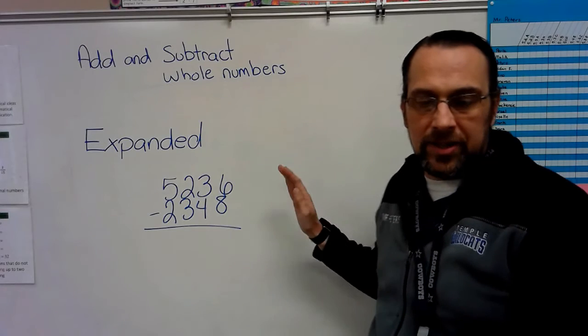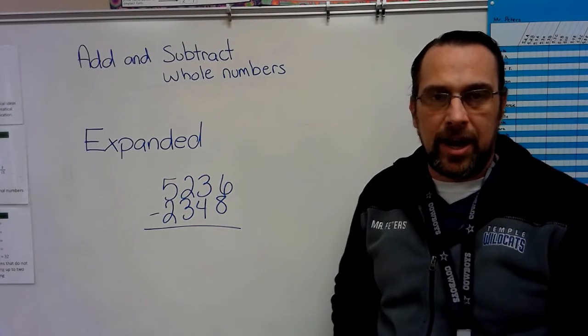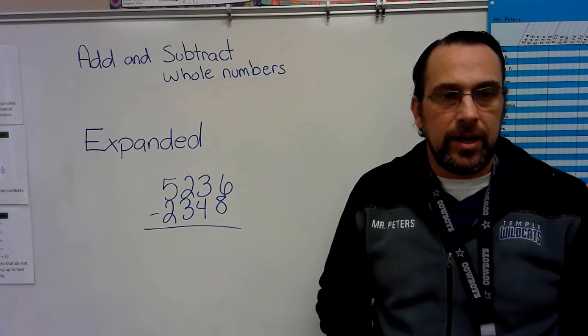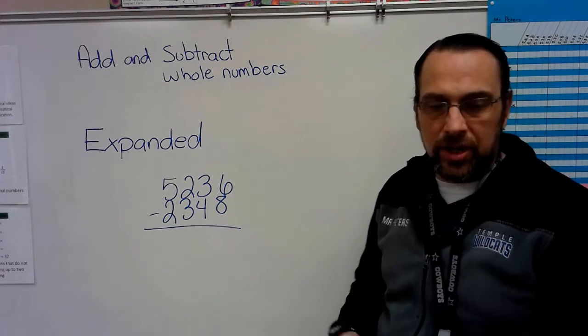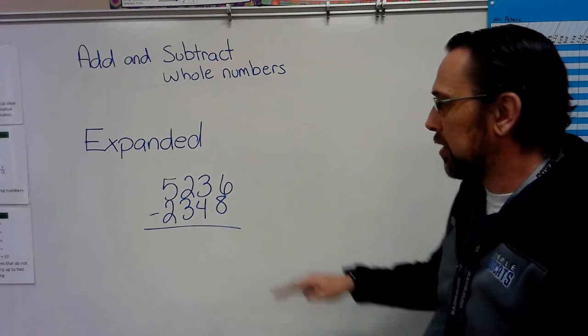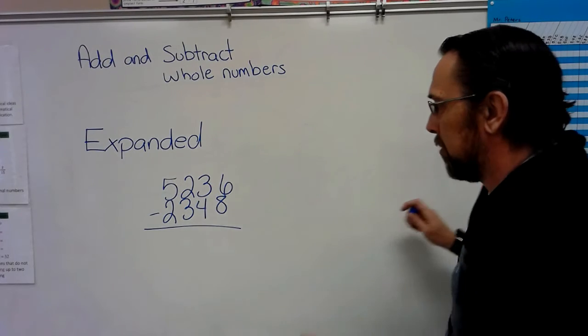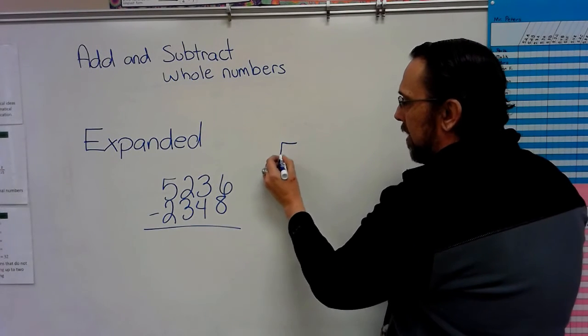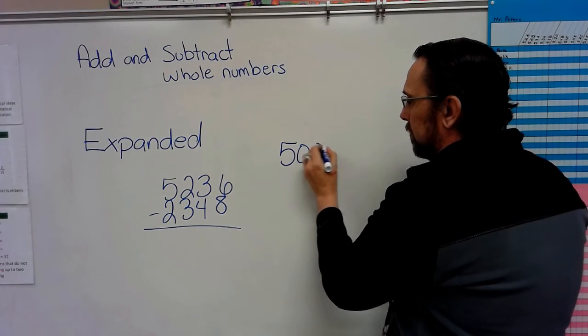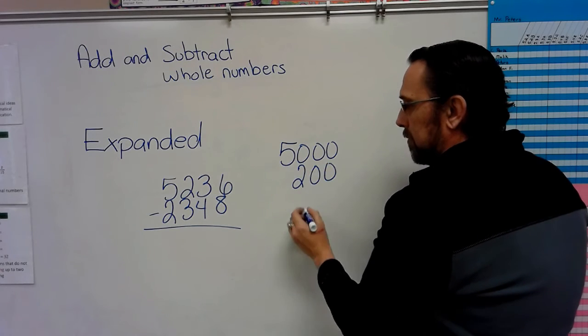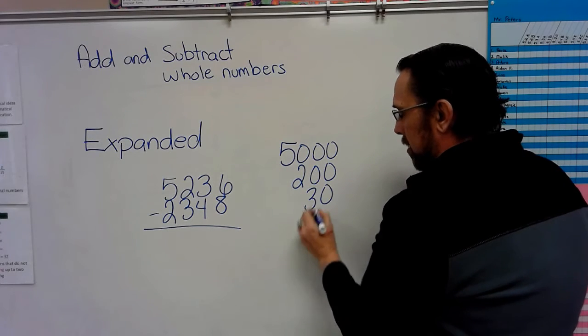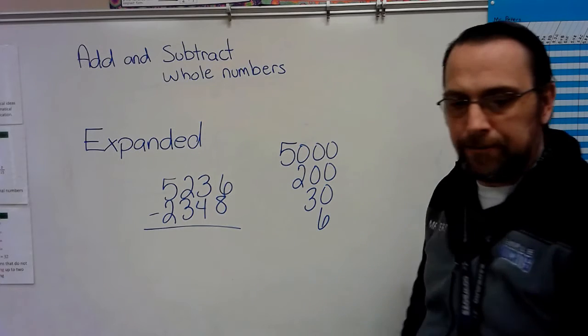Okay, I have the standard algorithm and I want to go ahead and put it in the expanded algorithm. The first thing I am going to have to do is write each number in its expanded notation. So I will start with the first number, and I have 5,236.